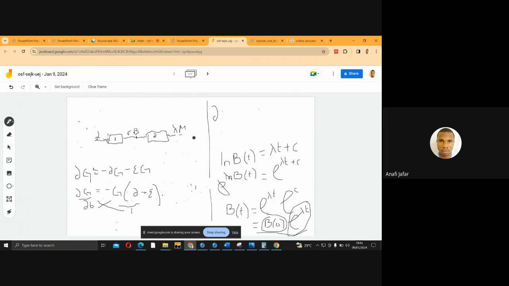So here we have g equals to negative delta g.